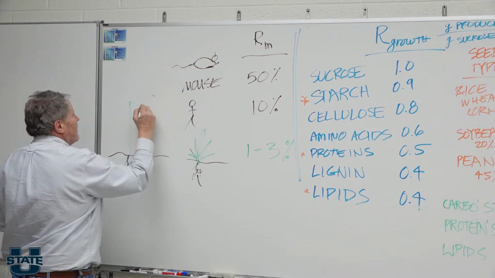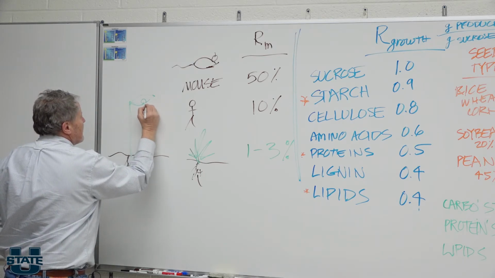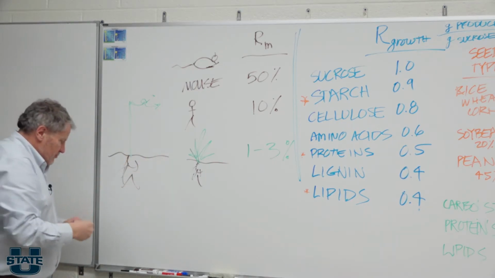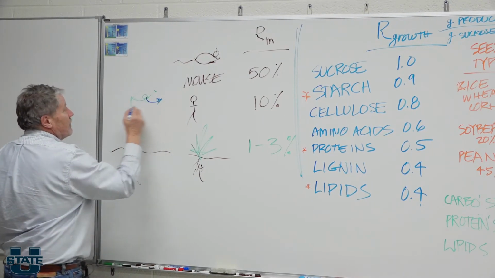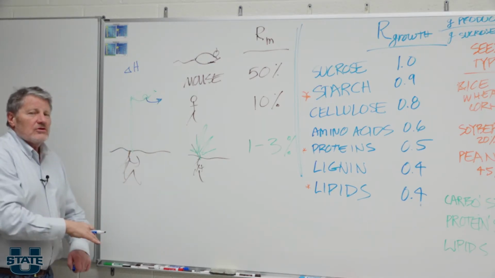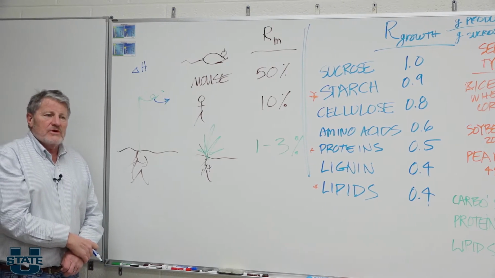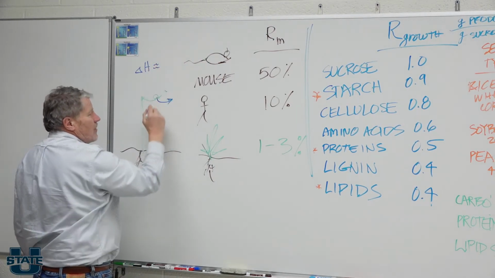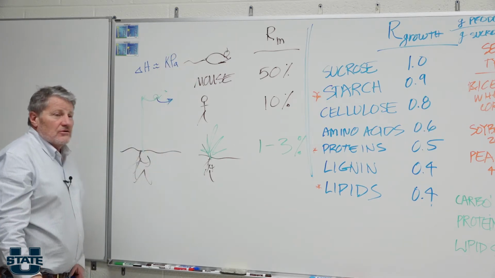Here's a leaf. And here's a stomate in that leaf, like that. And we calculated water coming out of the stomates, the water shown in blue. And remember, we had delta H, and we calculated the driving gradient for water vapor movement out of a stomate. And the units for that were in kilopascals.